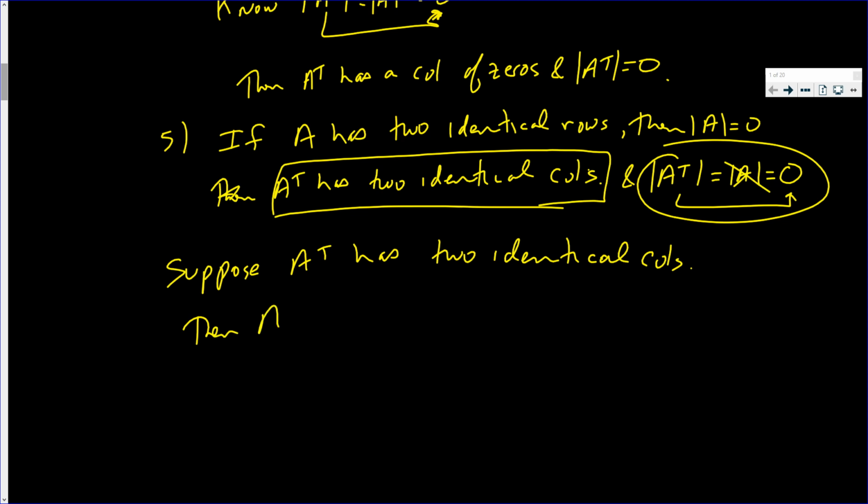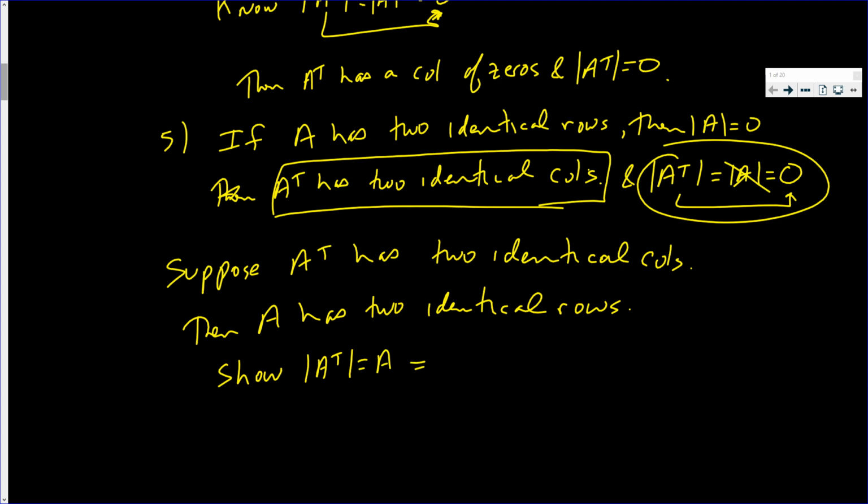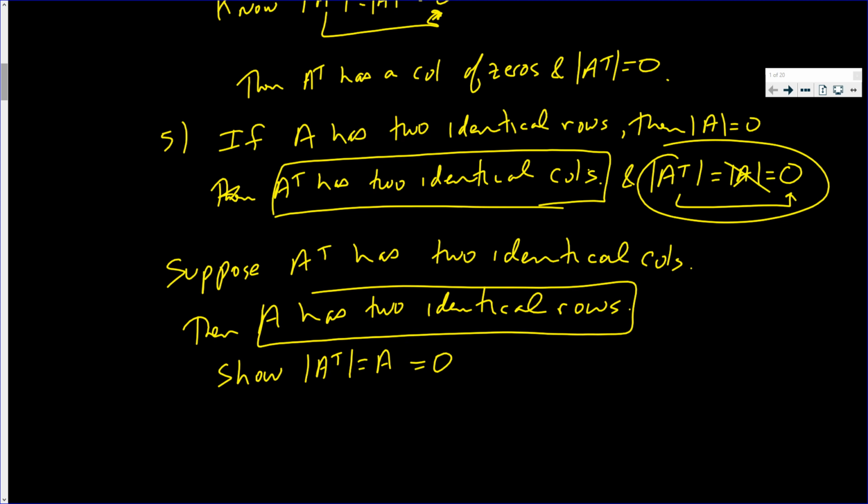Then A has two identical rows. And rigorously, we showed two things. We showed that the determinant of A transpose equals the determinant of A, and if A has two identical rows, it equals 0. We showed that.